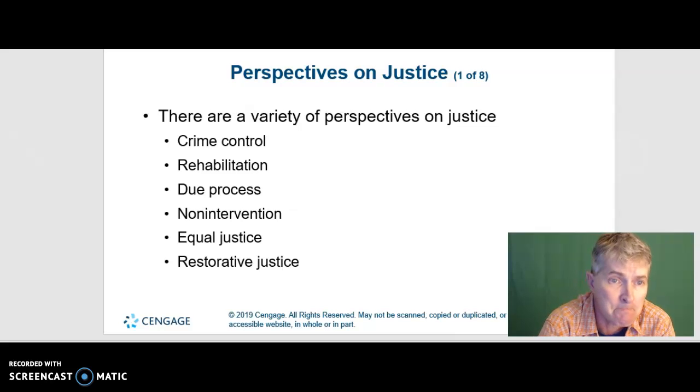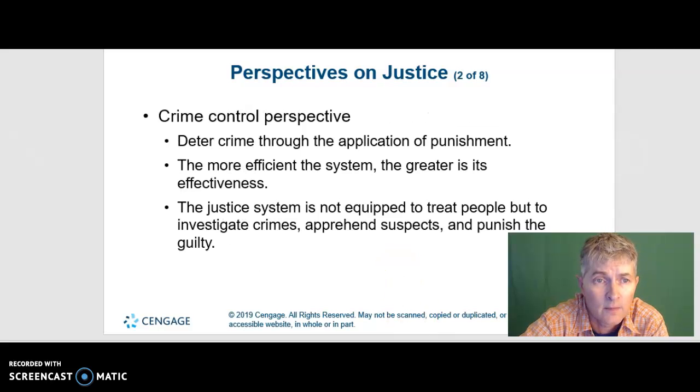There are a variety of perspectives on justice: crime control, rehabilitation, due process, non-intervention, equal justice, and restorative justice, all of which you may or may not agree with, some, all, or any. The crime control perspective, this is that we should deter crime through the application of punishment.